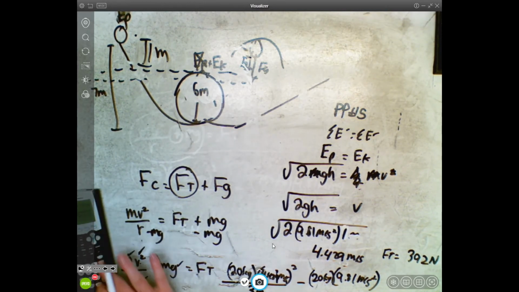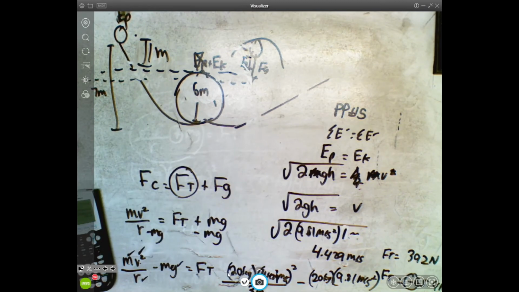If I go back to that last equation that I typed in, my radius is now 3, and my speed is now that. For the second one, we get an answer of negative 65.4 newtons. So what does this negative mean?